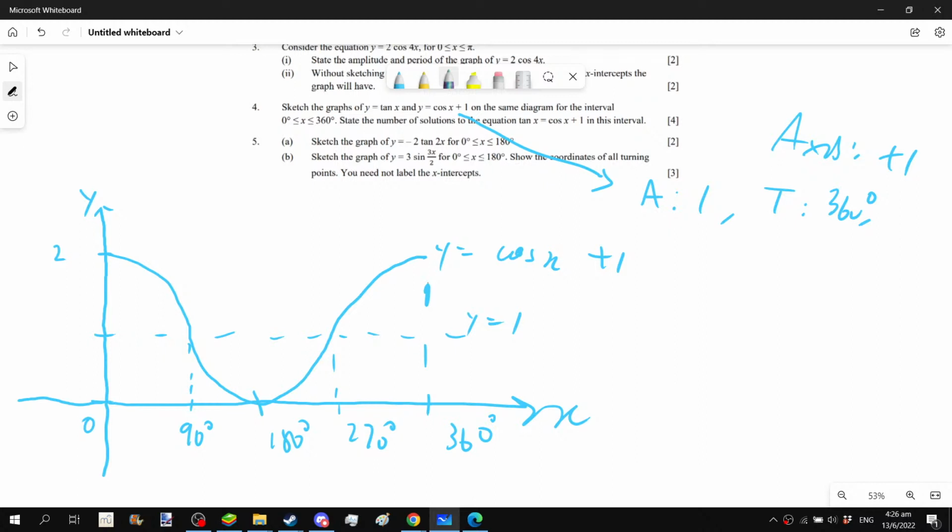And for the tangent graph, we know that this 90 degrees will now be an asymptote. And in fact, so will 270 degrees. And therefore, we should get this result over here.